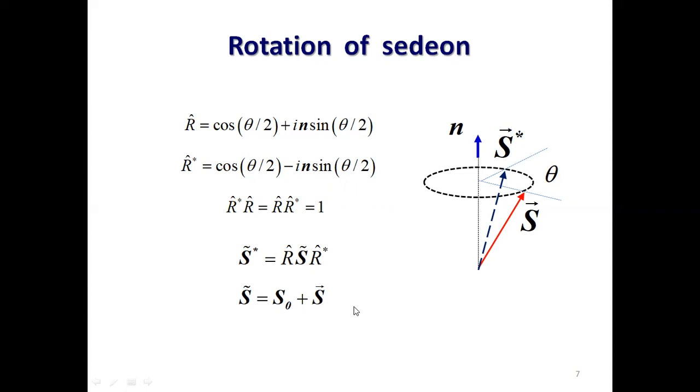Since a Cdon consists of scalar part and vector part, and the scalar part doesn't transform under rotation, the rotation of a Cdon is reduced to rotation of the vector part only. It means that all vectors A, B, C, and D rotate by the same angle theta.